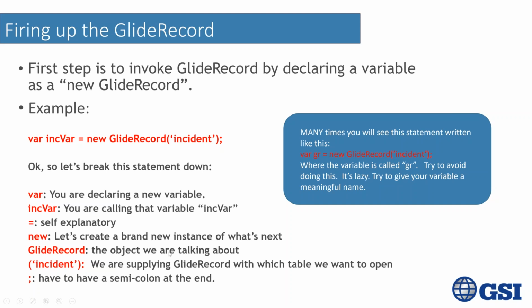And then we're going to feed GlideRecord with the name of the table that we want it to open, incident. And then we put a semicolon at the end because ServiceNow wants you to have a semicolon at the end of everything, just about. All right, so in layman's terms, what this says is open up the incident table, right? And call it incVar. All right, that's the first line.